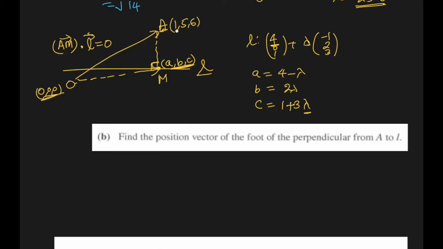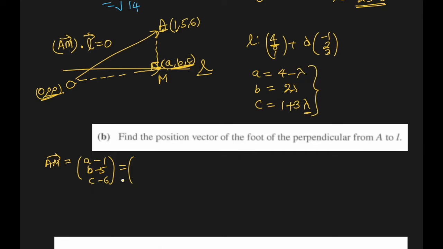So AM will be, let's write here, head minus tail. If I'm saying head is A, B, C, then the vector AM becomes x component of head minus x component of tail, which is 1 in this case, then B minus 5, C minus 6, which in turn can be written in terms of lambda.